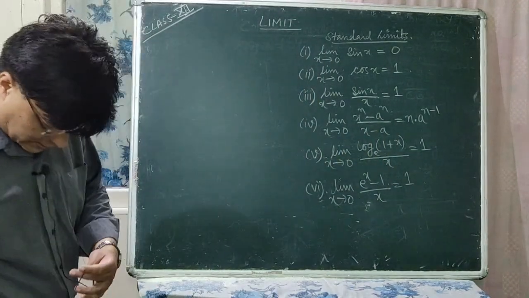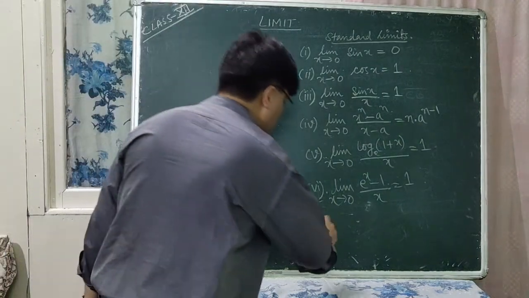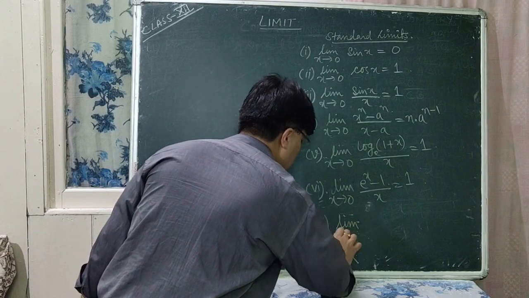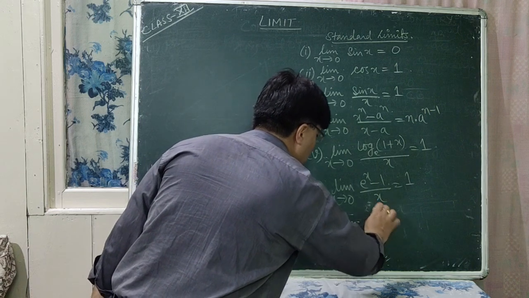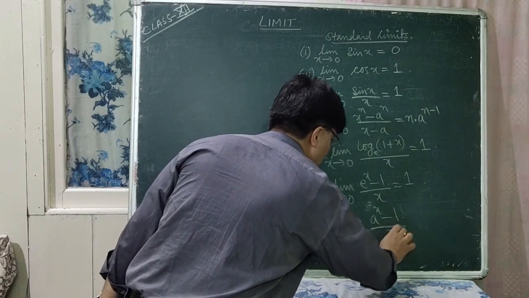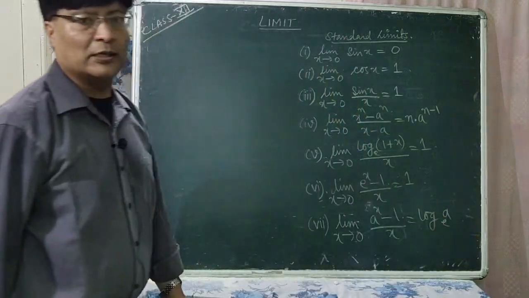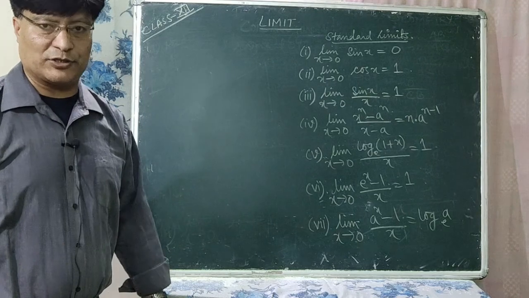And then next one is number 7. Number 7 is limit x tends to 0 a to the power x minus 1 divided by x is equal to log a base e. So you should know this formula, standard limits.